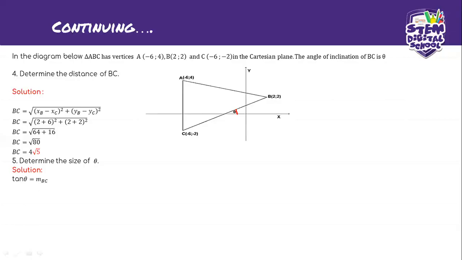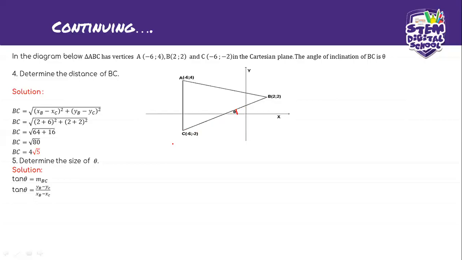First, we are going to write tan theta equals the gradient of BC. Meaning, in order to determine the angle of inclination, theta, we need to know the gradient of line BC.